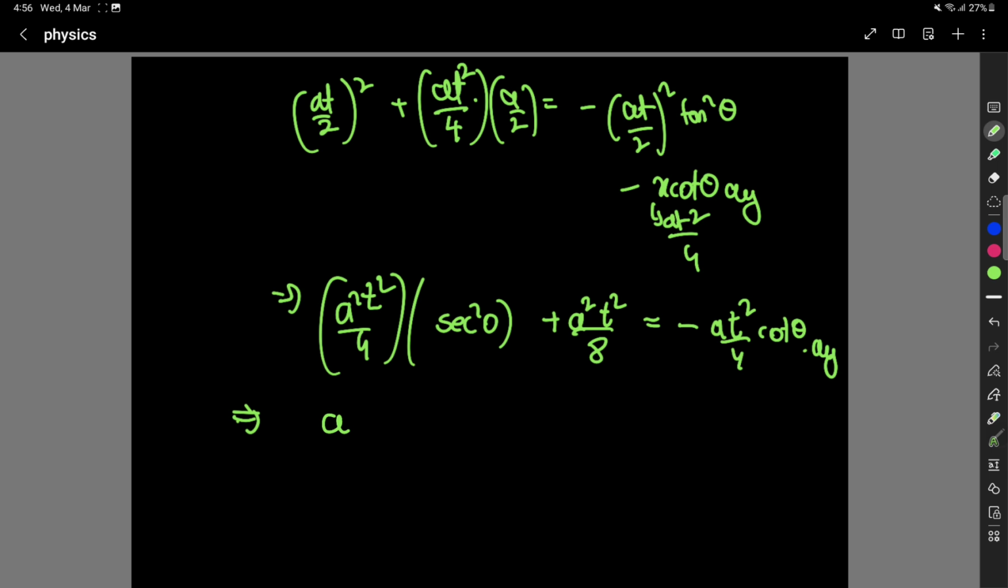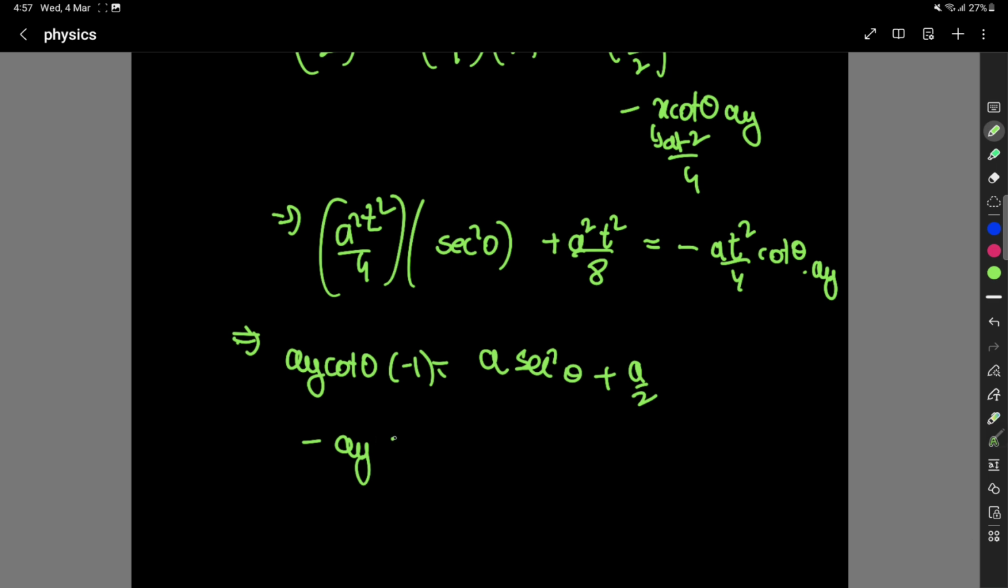This can be written as Ay cot theta into minus 1 can be written as A secant square theta plus A by 2.